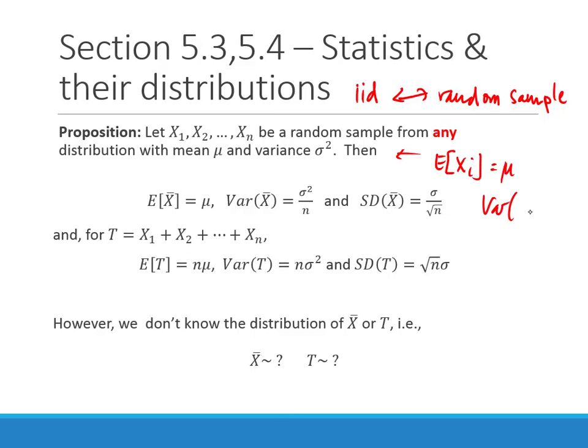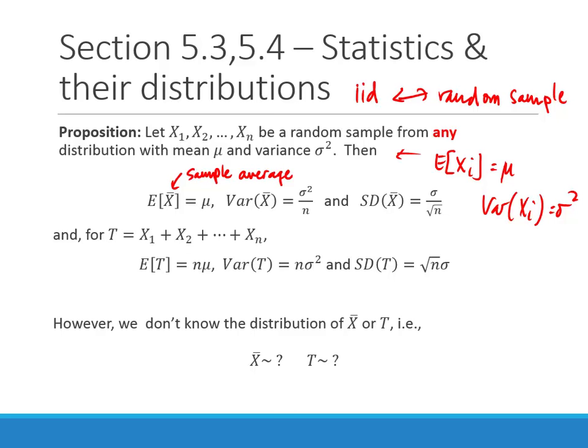And the variance of the xi is sigma squared. Then if I take some statistics that I will commonly use, the sample mean, this x bar is the sample mean, or the sample average. It's going to have the same expected value, so expected value of the xi is mu, the expected value of x bar will also be mu.